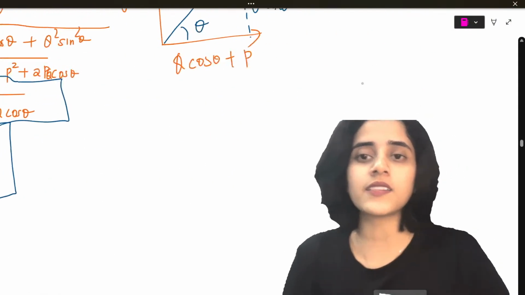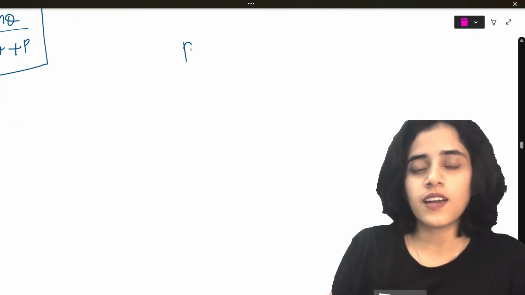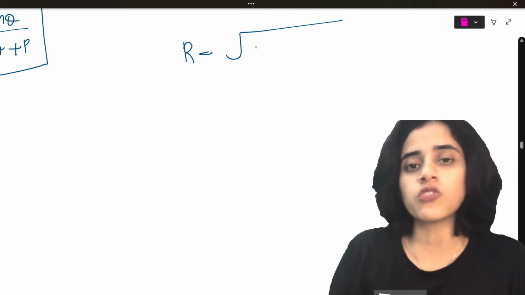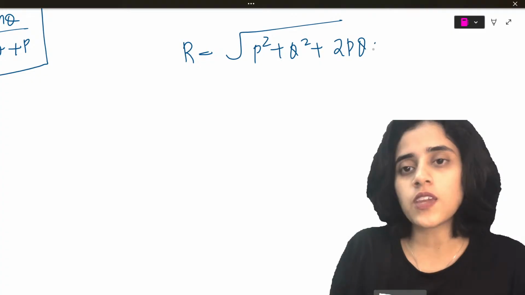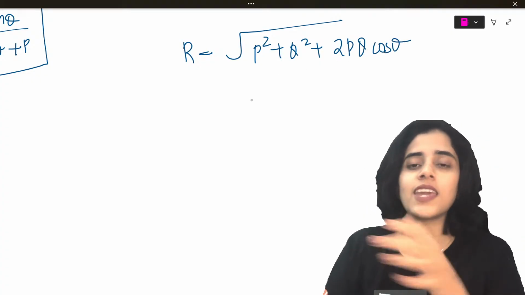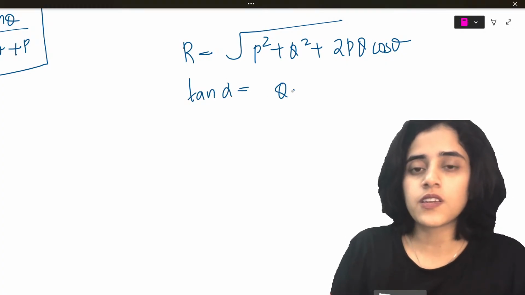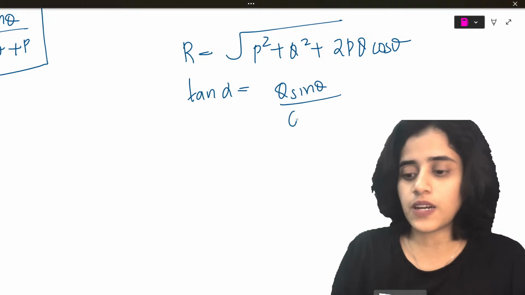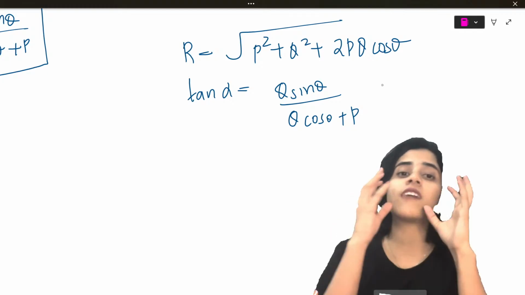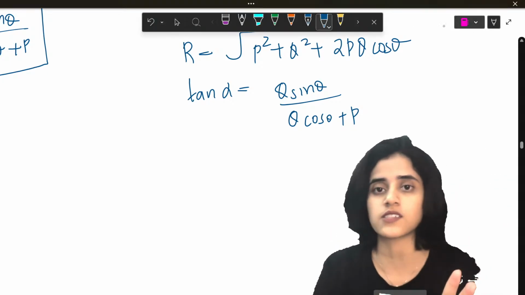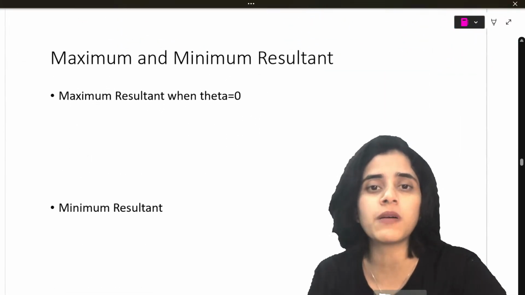So for analytical method, the formulas are R is equal to square root of P square plus Q square plus 2PQ cos theta. P and Q can be anything, A, B, any alphabet. And tan alpha is equal to Q sin theta divided by Q cos theta plus P. So this is the value and angle for two vectors. Very important.